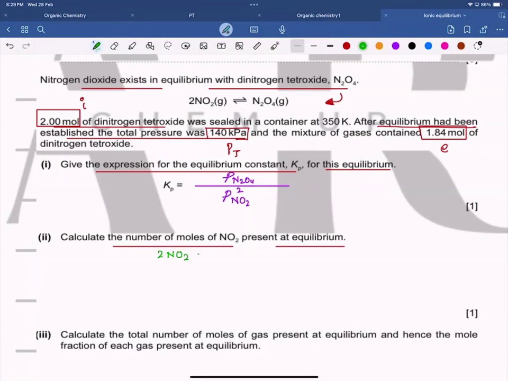So let me write the equation over here. 2 moles of NO2 and 1 mole of N2O4, and for the ICE table I'll make 3 rows, one for I, second for C, and third for E. That is initial, change and equilibrium. Is this clear? Yes, sir. Okay. Now, what are the initial moles?